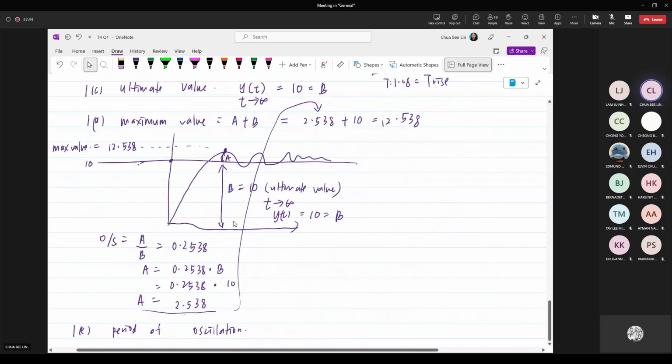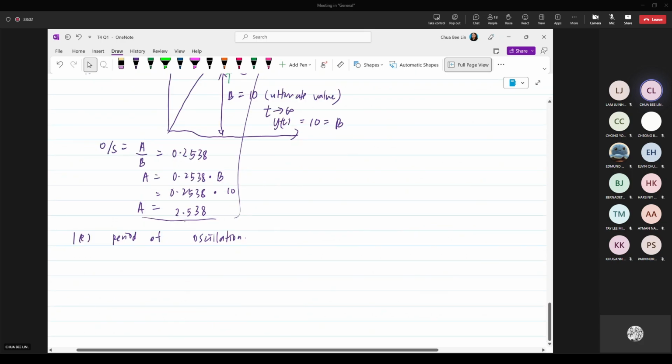Period of oscillation means for a full cycle, for example, from here to here. This is your T. So T, period of oscillation, is equivalent to 2 pi tau over square root of 1 minus damping factor power 2.